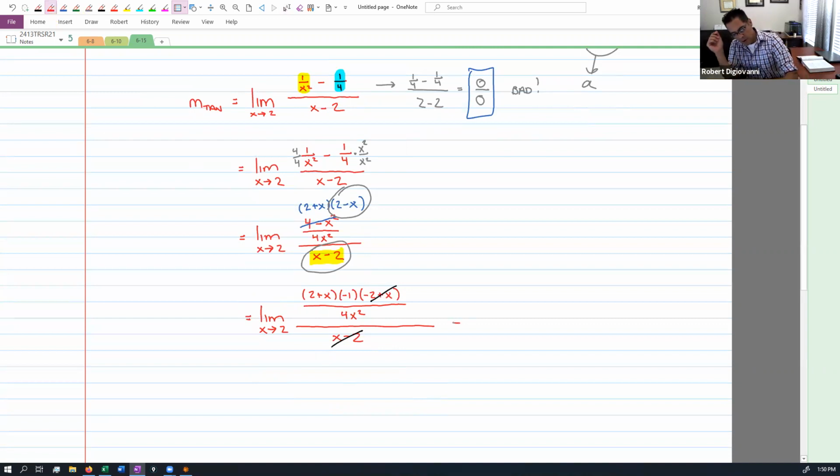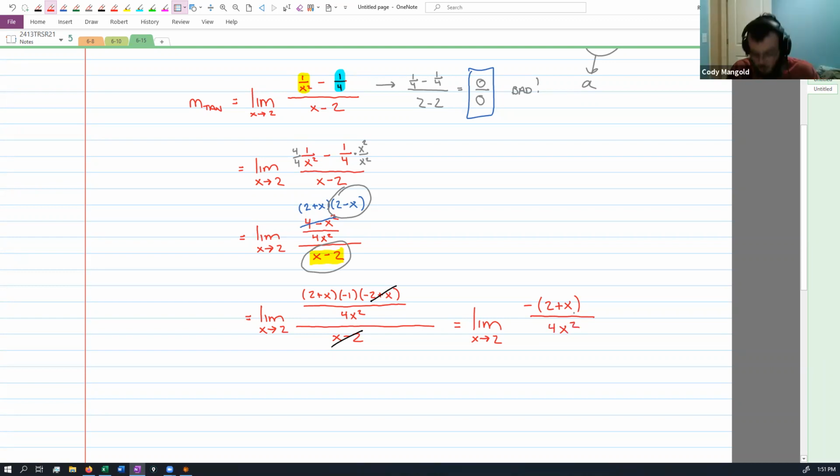So let's see where we are. We have not taken the limit. We just did algebra. We have on top, I'm going to write it this way, negative 2 plus x over 4x squared. That's the only thing left on the bottom, right? Right. Okay. And now we can plug. Yeah, now just let x go to 2. Let's see what we get. No more limit, right? I'm letting x go to 2 now.